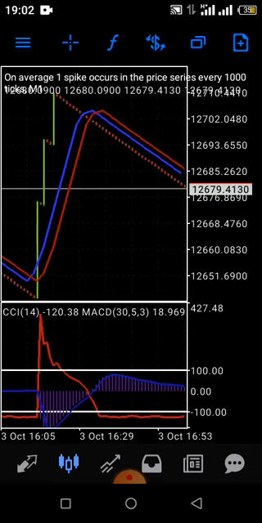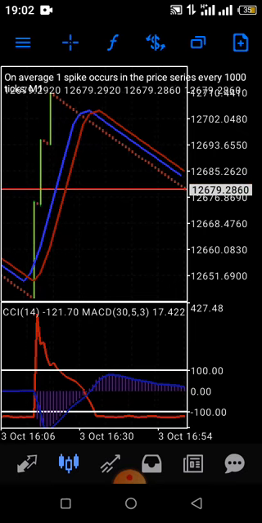Most of my main signals come from the indicators on the main chart. But this time I've tried to go a little bit different and have my main signals from indicator window number one. Why is that?